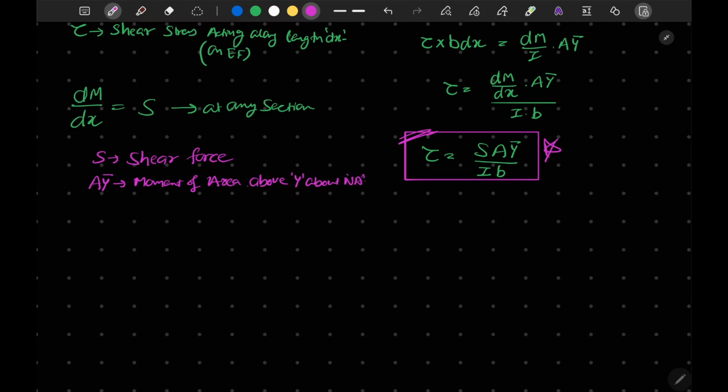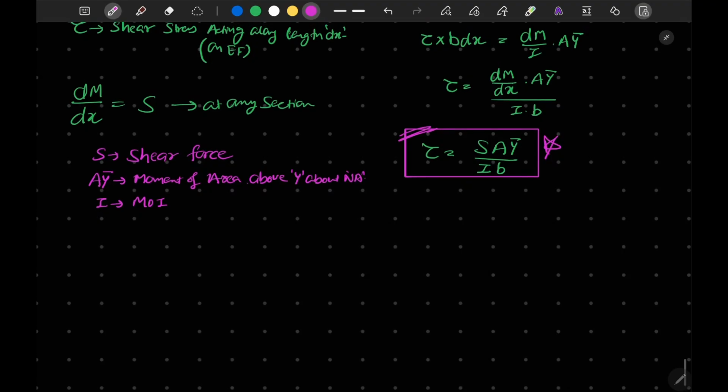Y bar of course is the distance of the centroid. I is your moment of inertia of your section. Now of course B is your width, and last but not the least tau, that is shear stress. Okay, so this is our derivation for shear stress in your beam.